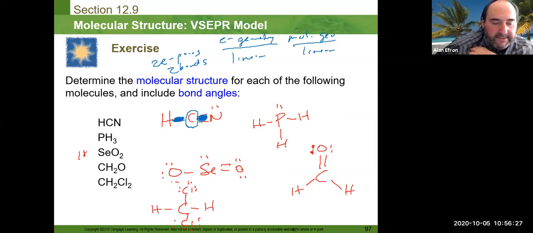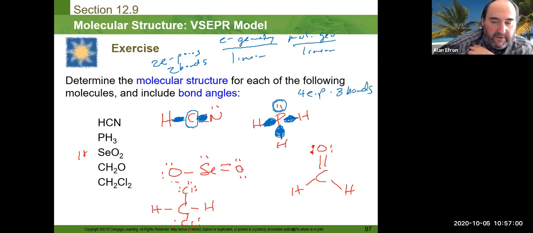On our next one, we want to count up electron pairs. We got 1 electron pair, 2, 3, and 4 electron pairs. So this guy's got 4 electron pairs. In terms of bonds, it has 1 bond, 2 bonds, and 3 bonds. So that is 4 electron pairs and 3 bonds.